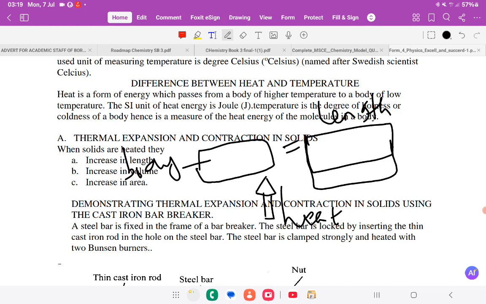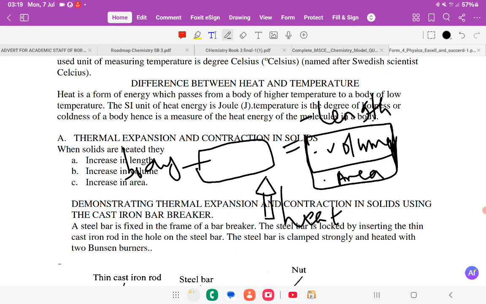Remember that volume is the amount of space which a body takes up. So volume can increase, but also area can increase. So three things can change due to heating.